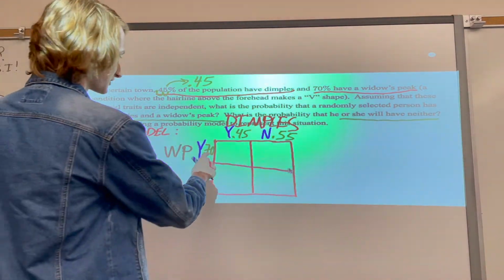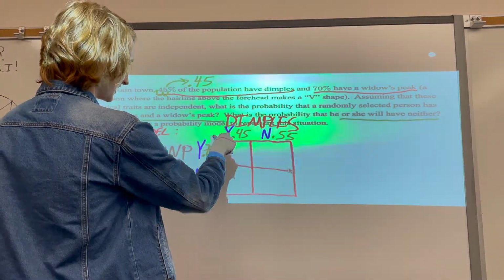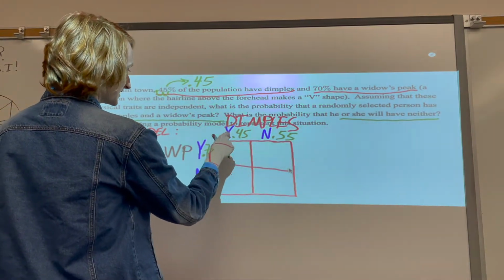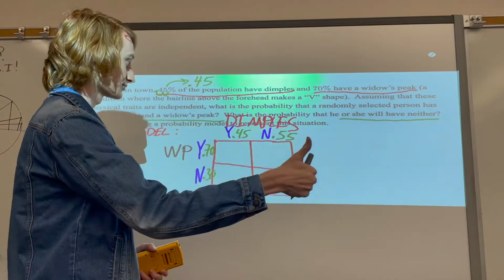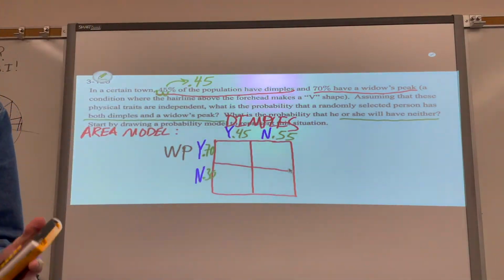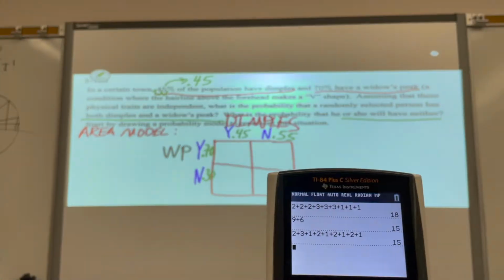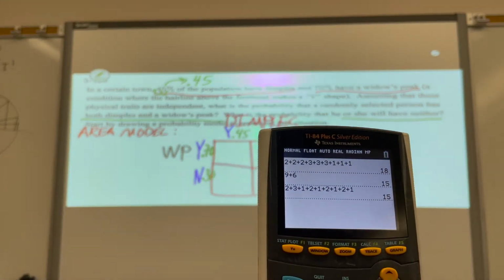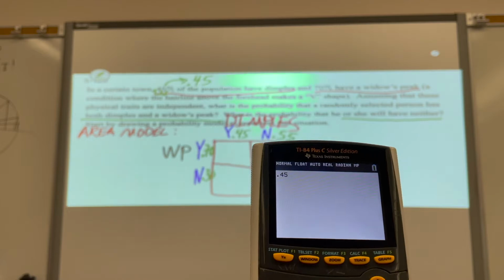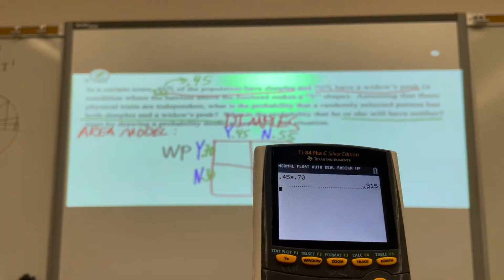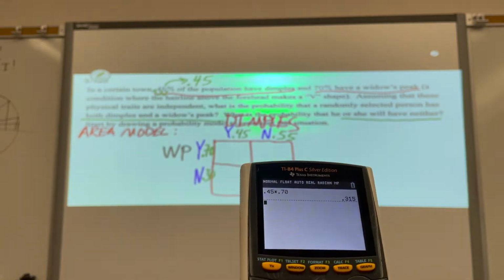So you're going to be multiplying 0.70 times 0.45, and that'll tell you the probability that it's a yes and a yes, for yes dimples, yes widow's peak. So let's go ahead and do that on the calculator. I'll show you how to do it. All I'm going to do is 0.45 times 0.70. Enter. So I end up with 0.315.